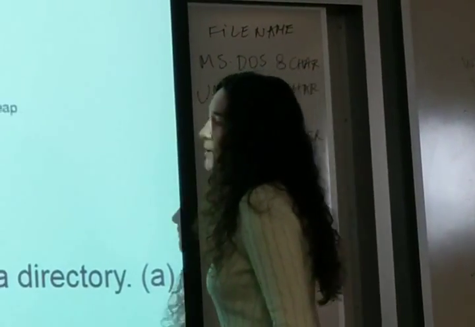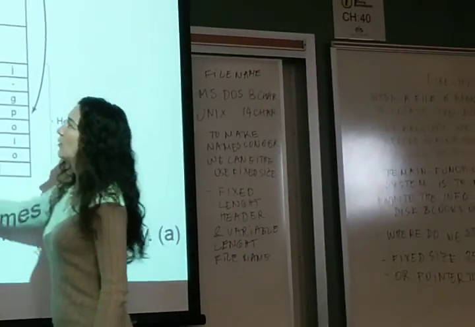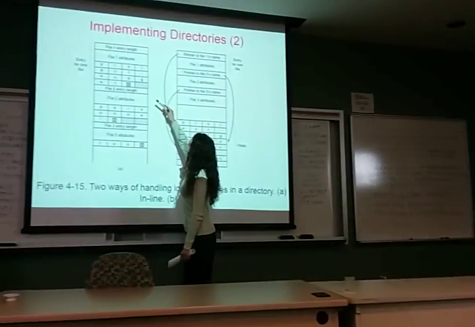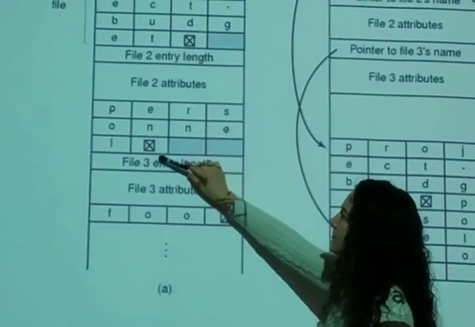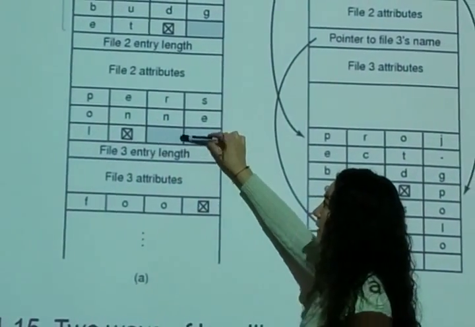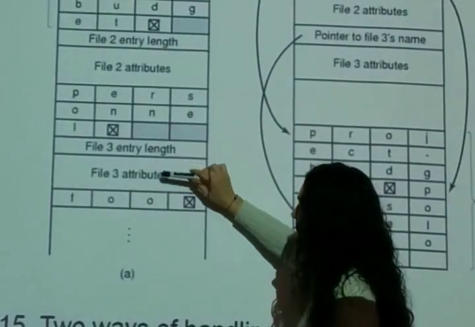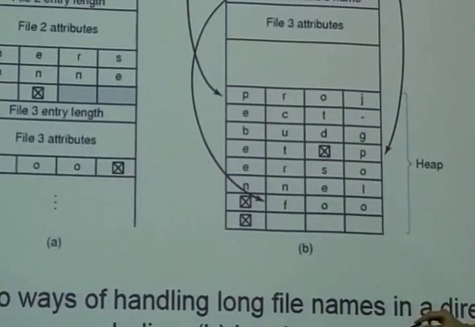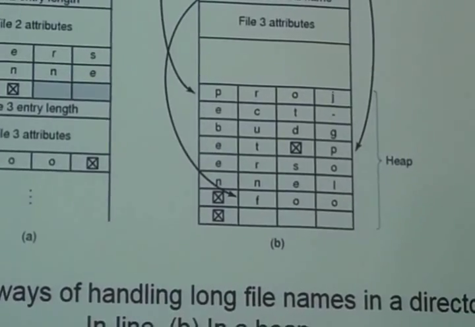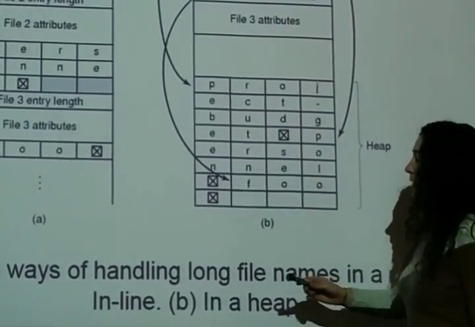So there are 2 ways to handle that. One is in a directory. So we have the attributes, then we have the name, the end of the file name, and there could be some wasted space here, or empty space. And this is in a directory inline.